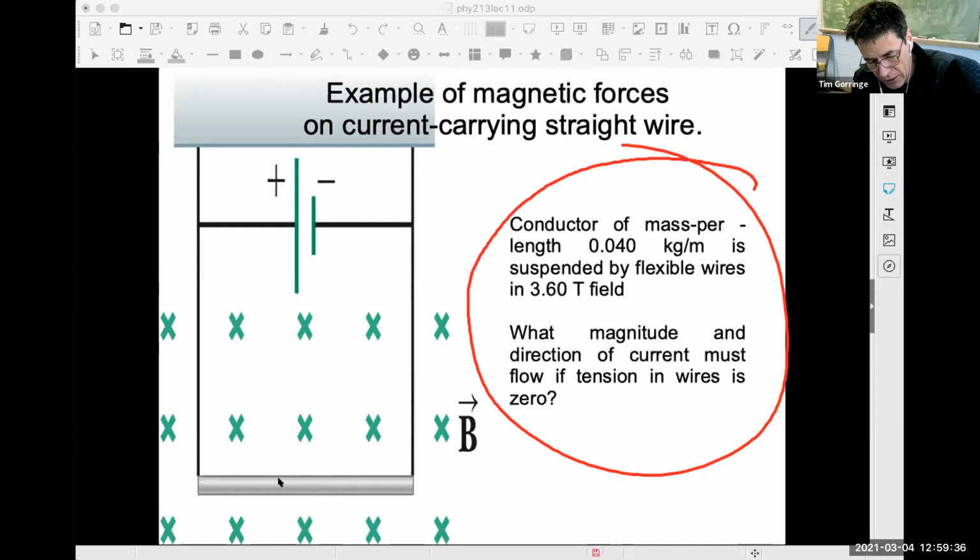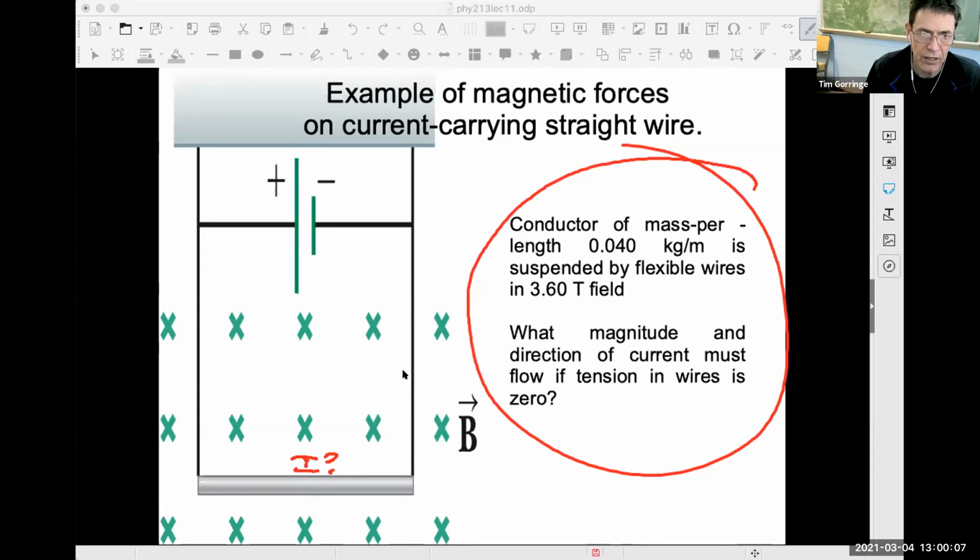So what's the magnitude of this current in the conductor that would cause that wire to kind of float in space, that conductor to float in space, i.e. the tension in the left-hand wire and the right-hand wire would vanish. So what current causes that to happen?